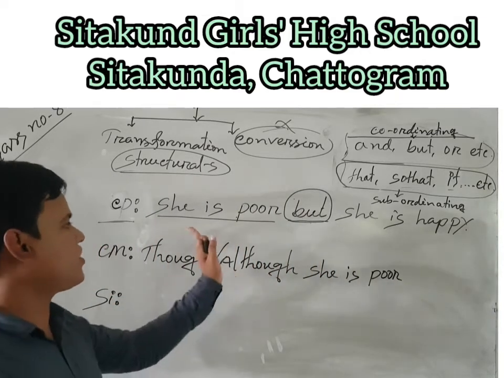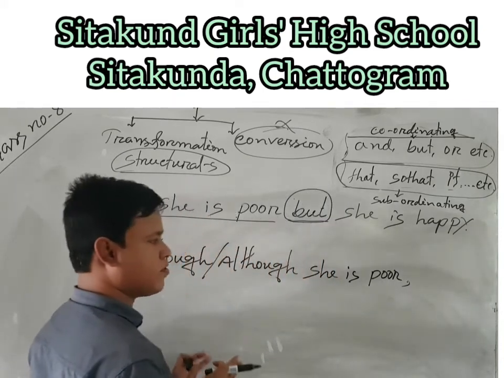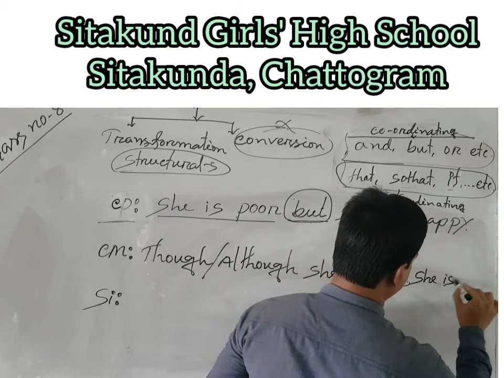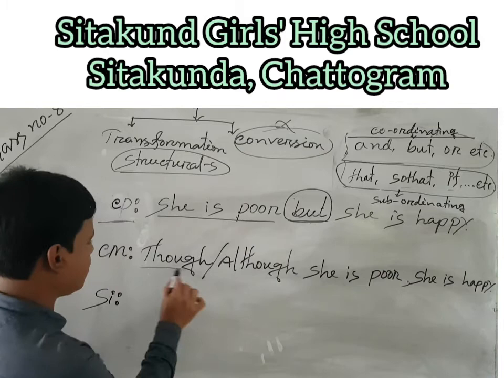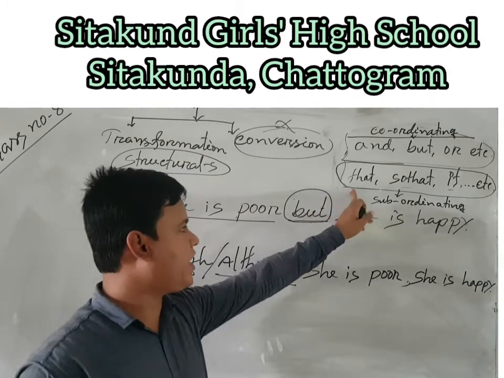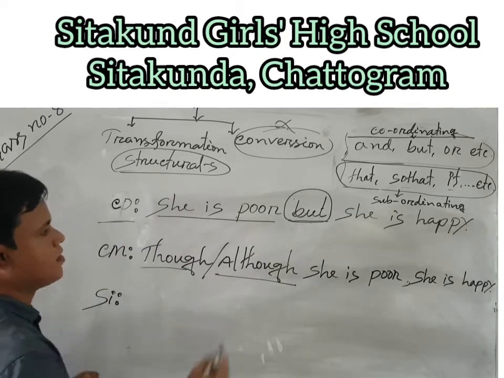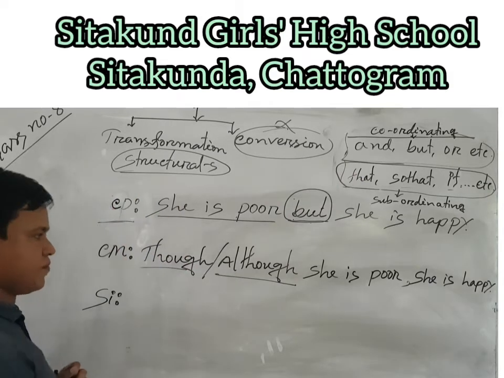Though or although she is poor, we have to use a comma in the place of but, and then the next sentence, she is happy. Students, though or although, these are subordinating conjunctions, so this sentence is complex. But is a coordinating conjunction, so this sentence is compound.